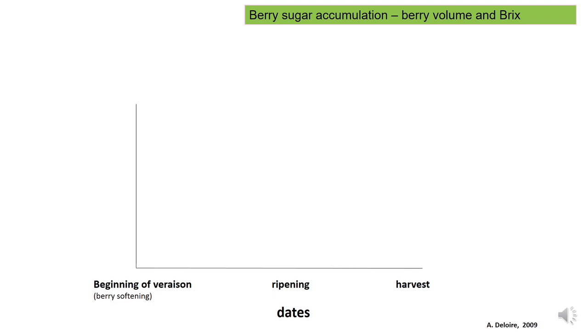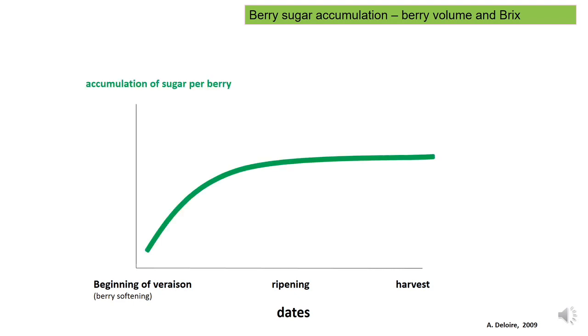From the onset of veraison, which is berry softening, and on a per berry basis, a fruit will accumulate sugar during 26 to 30 days from the onset of veraison, and then the sugar accumulation per berry will reach a plateau around 20 to 22 brix.